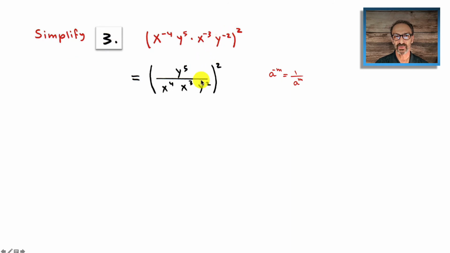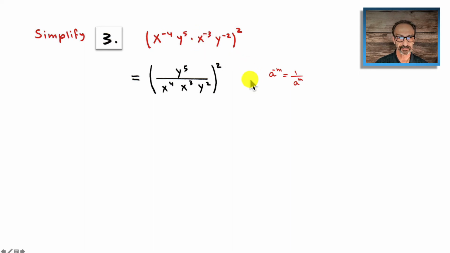Y to the -2 will be y to the second, x to the power -3 will be x to the third down, and x to the -4 will be x to the 4 down, applying this rule right here. That's an option. The other option is you just add the exponents right here, then you bring it down, which is gonna give you the same, of course.